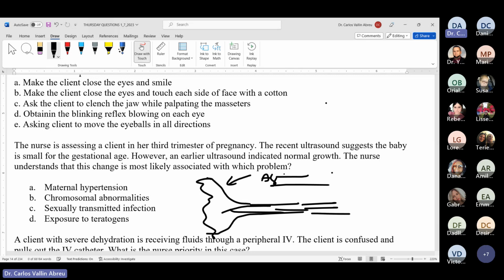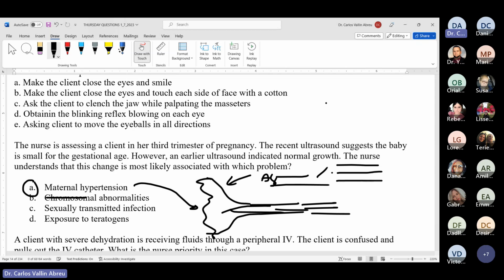But this aging accelerates in case of hypertension, in case of diabetes, in case of use of drugs, especially cocaine and amphetamines, etc. So yes, maternal hypertension is one of the causes of chronic placental insufficiency.